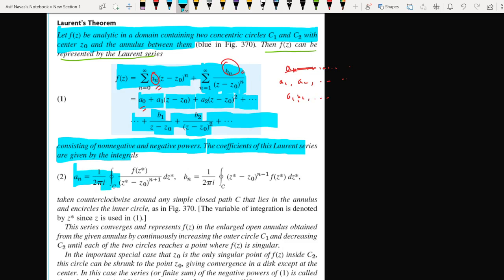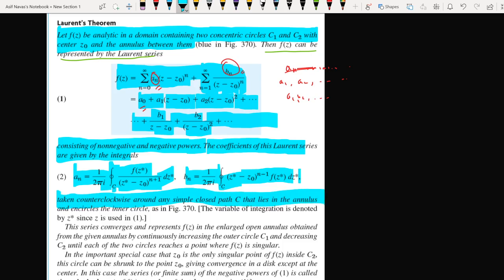integral over C of f of z divided by (z minus z naught) to the power n plus 1 dz. b_n is equal to 1 by 2 pi i integral of (z minus z naught) to the power n minus 1 times f of z dz, where C is any simple closed curve that lies in the annular region, the annulus, and encircles the inner circle.